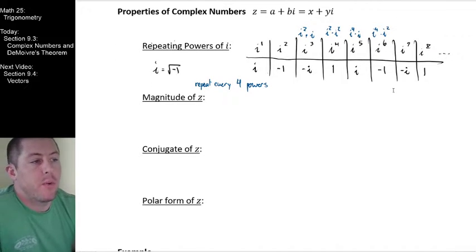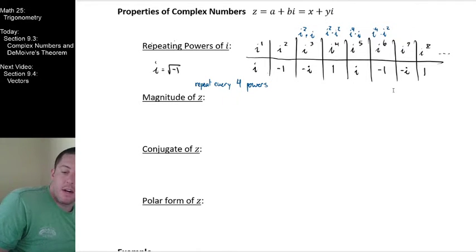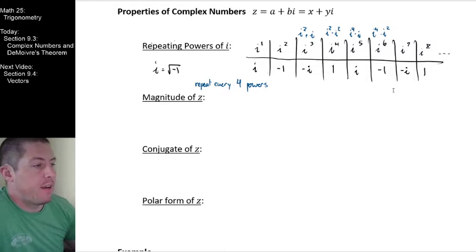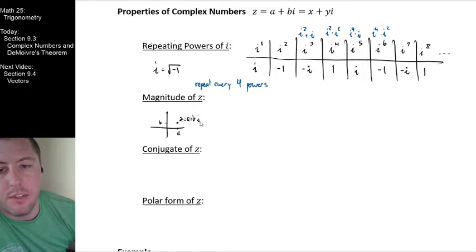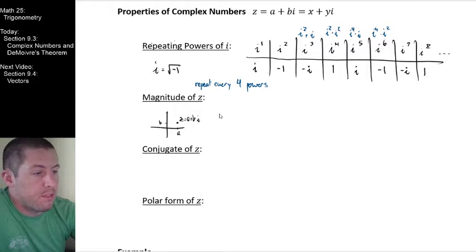Another property that we want to identify of our complex numbers is their magnitude. When we graphed our complex numbers a moment ago, one of the things that we identified was where it is located in space. So if this is going to be our a and our b for z equals a plus bi, what we might want to know is the magnitude of z, which is going to indicate how far z is from zero.